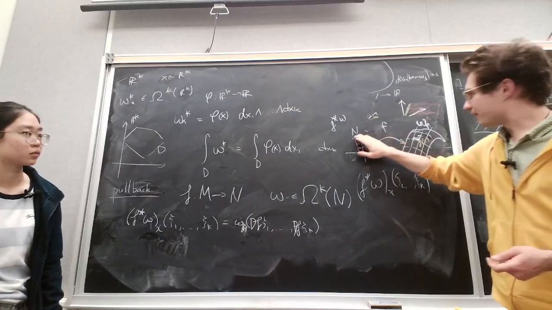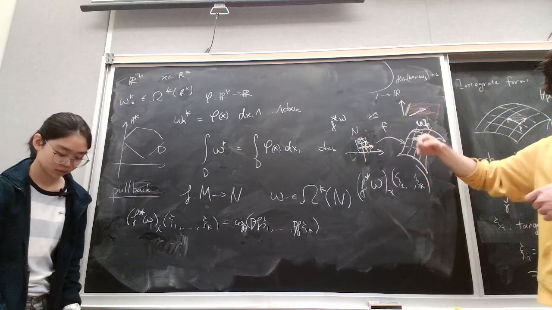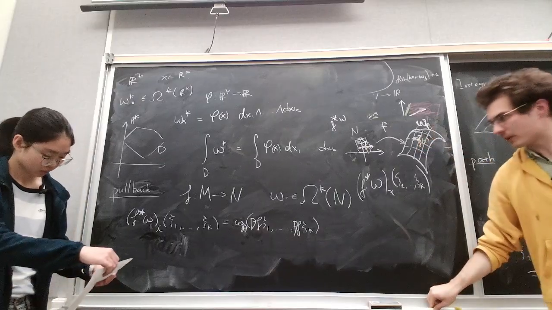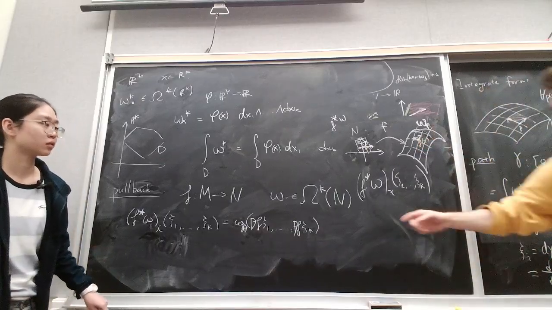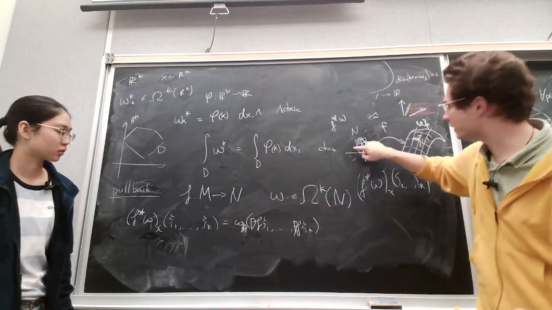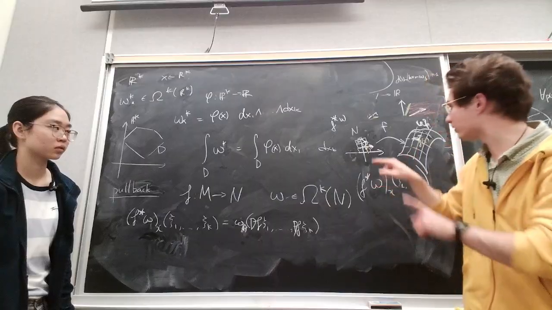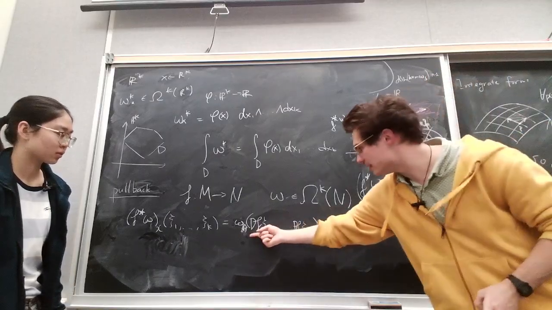Yes, okay. Sorry. And then I will be able to just integrate this as an integral from dx1 to dxn. So this is important because f does not map vectors. F maps a point here to a point here, and then df maps the tangent vectors. So this has to be df applied to them.